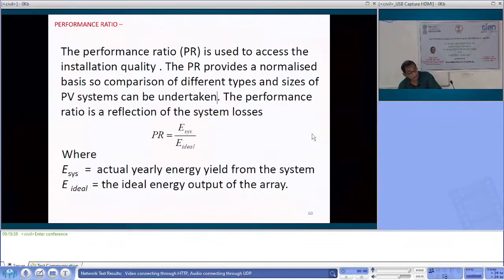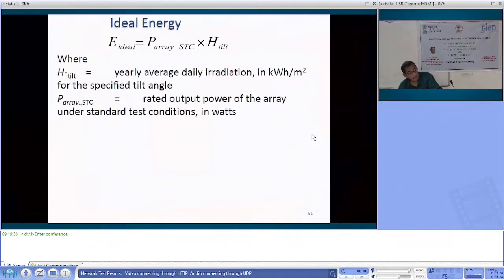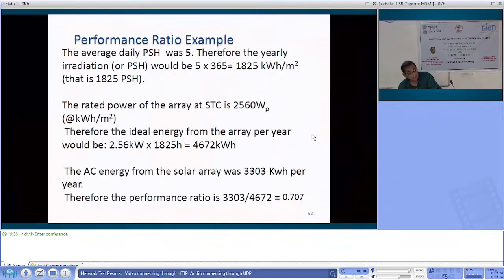The performance ratio has to be calculated, a technical parameter. Okay, it is the ratio of the SY with the ideal. Then the ideal energy you can calculate. Then an example of performance ratio is given. Considering PSH equal to 5 peak sun hours, one can calculate the ratio, and here it comes out to be 70.7%.